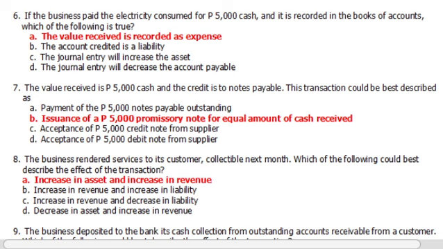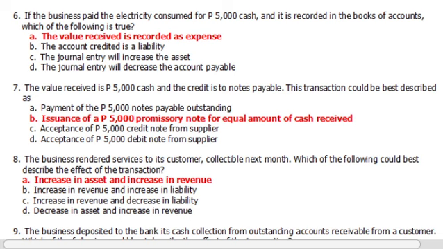So, kung mag-entry tayo ng ating collection, magkakaroon tayo ng debit to cash and a credit to accounts receivable. Yan.